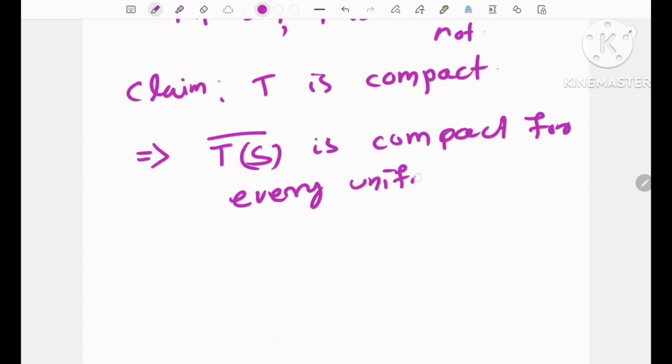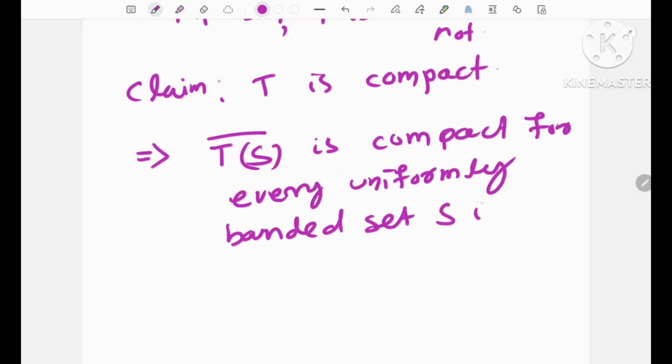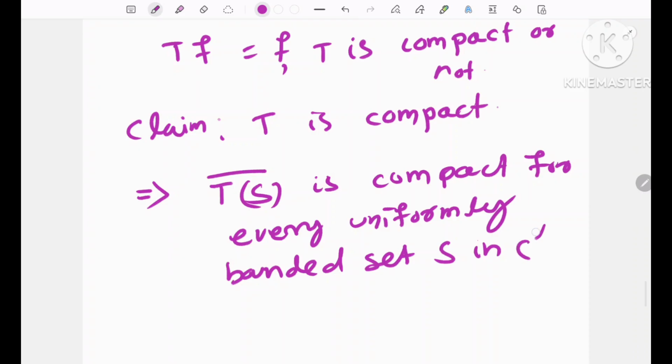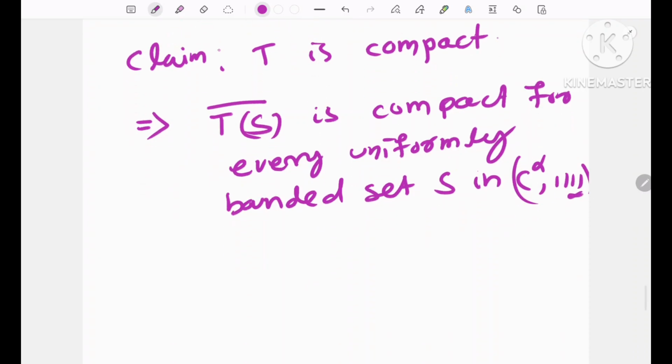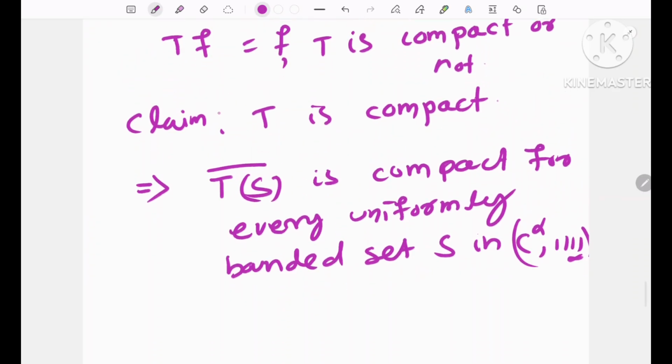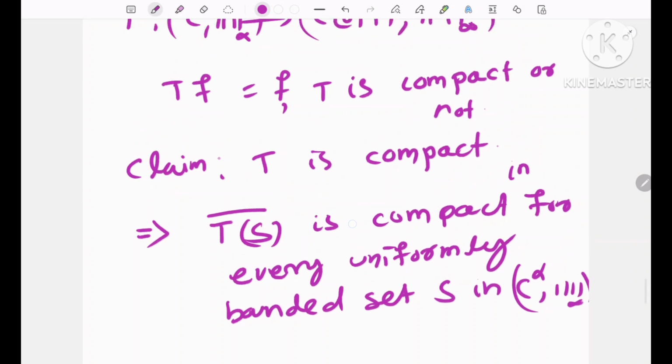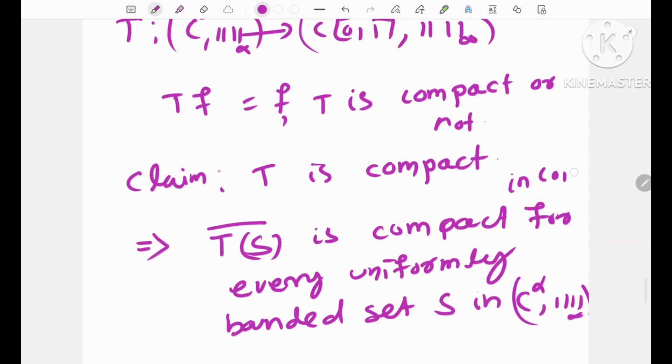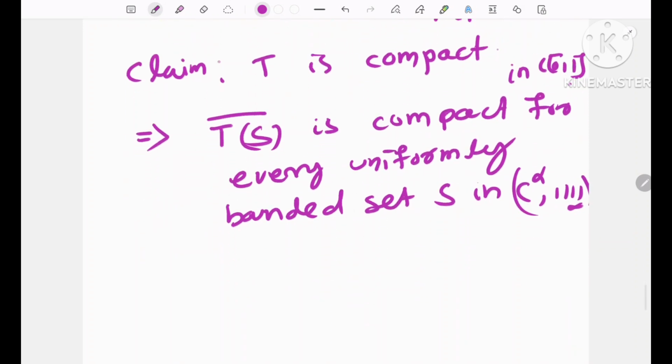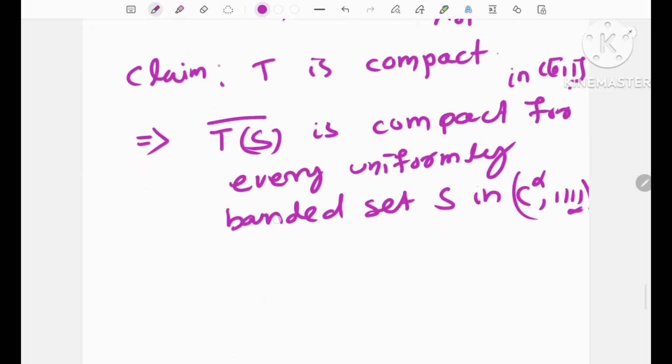Every uniformly bounded set S in C alpha with respect to the alpha norm: if you take a set S which is bounded, meaning uniformly bounded, then the closure of the image set is compact in C[0,1] with respect to the sup norm. We have to verify these things.